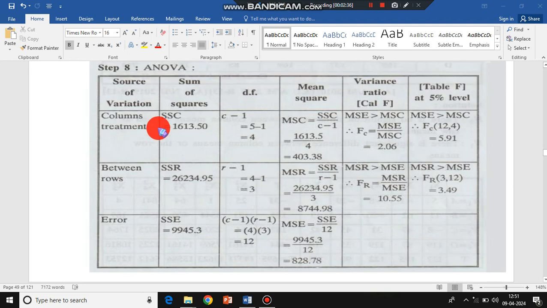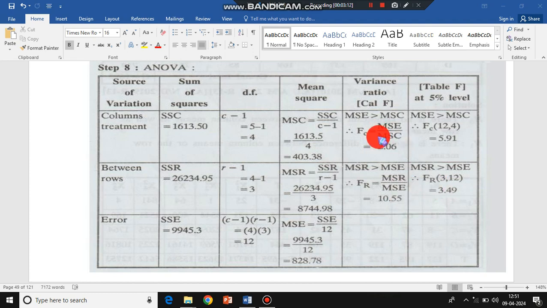For this we have to compare the calculated value of f and the table value of f. Similarly, to find the significant difference between the rows, we have to take the calculated value of f for row and the table value of f for row. These two are very necessary.